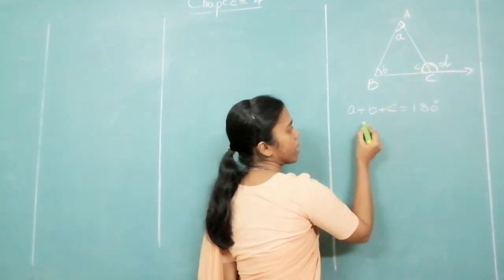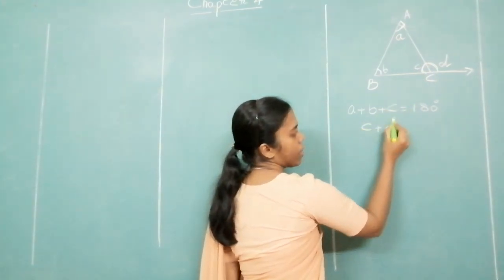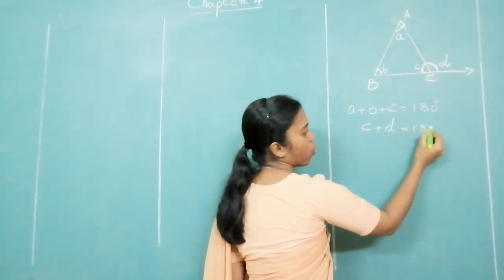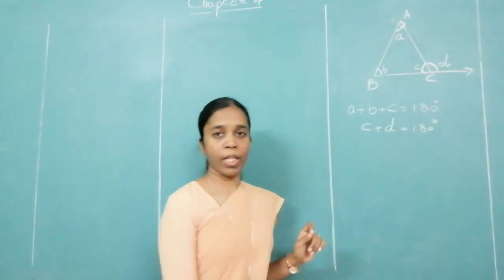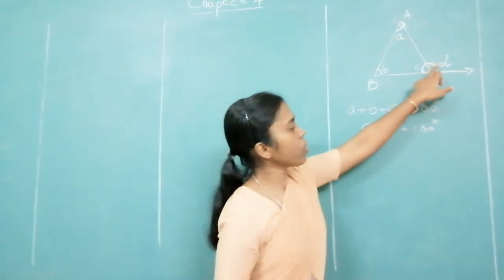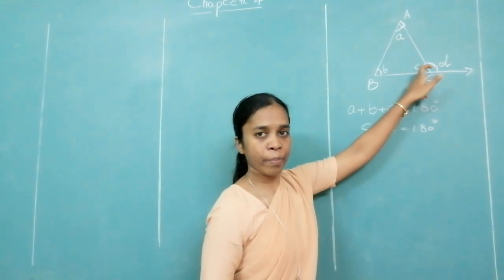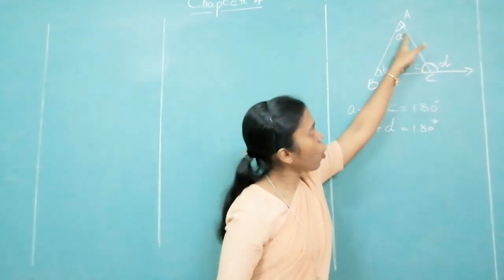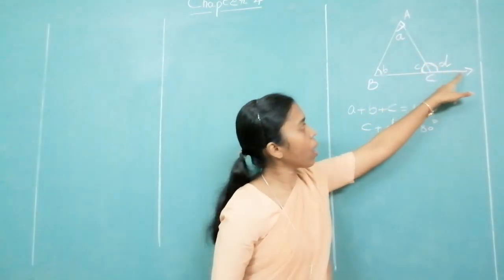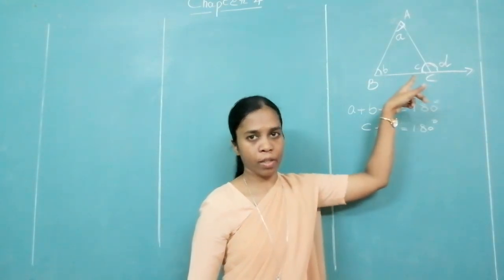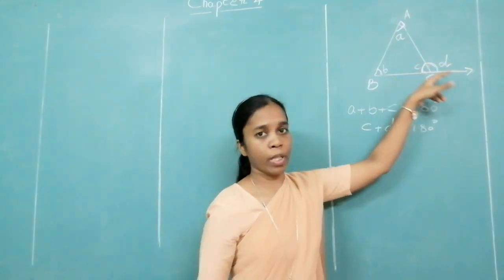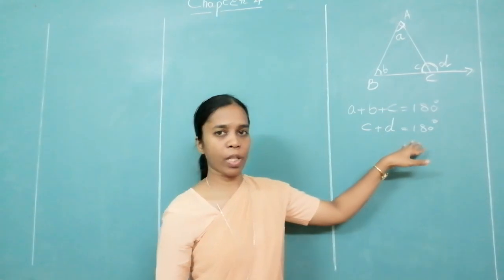What can you say about this C and D? C plus D is equal to 180 degree. Why is it 180 degree? Because can you see this as a linear pair? The common arm, the other arms form a straight line. Therefore, this is a linear pair. Linear pair is supplementary, gives you 180 degree.